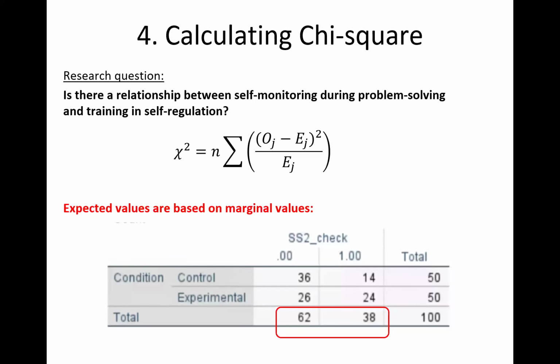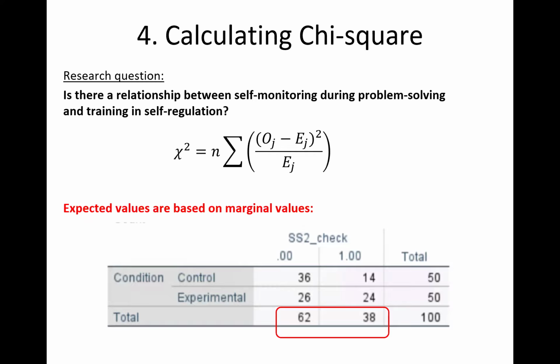So you look down that checking column, and where it says 0, that means they didn't check. 62 of them did not check. 38 of them did check. You see that where I've circled in red?